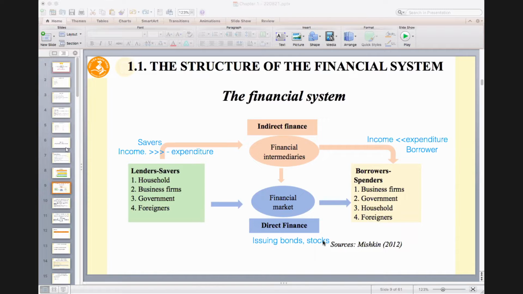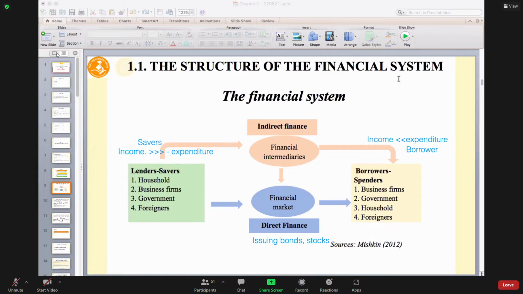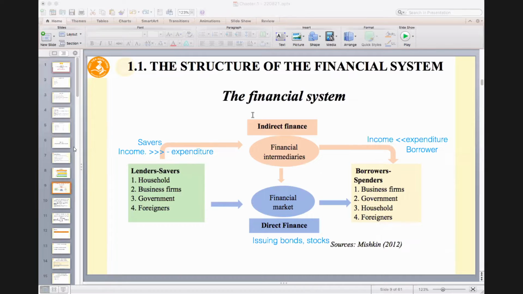Is there any other way? For a small company, they cannot issue bonds or stock. So how could they raise fund? Hoàng Thu Hiền, please. I think they can borrow from the bank.